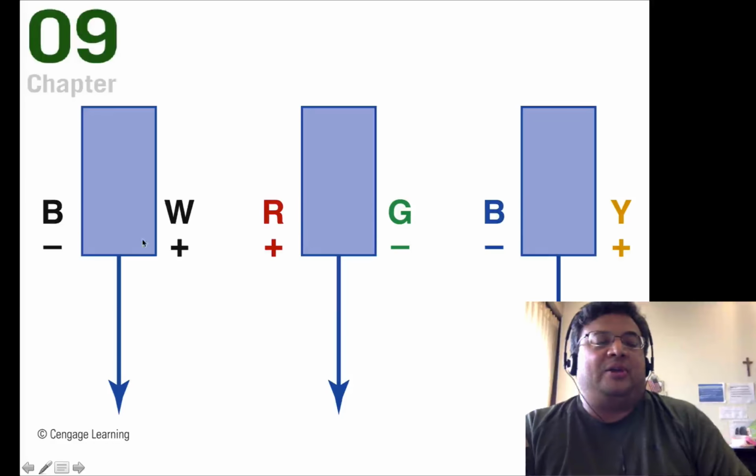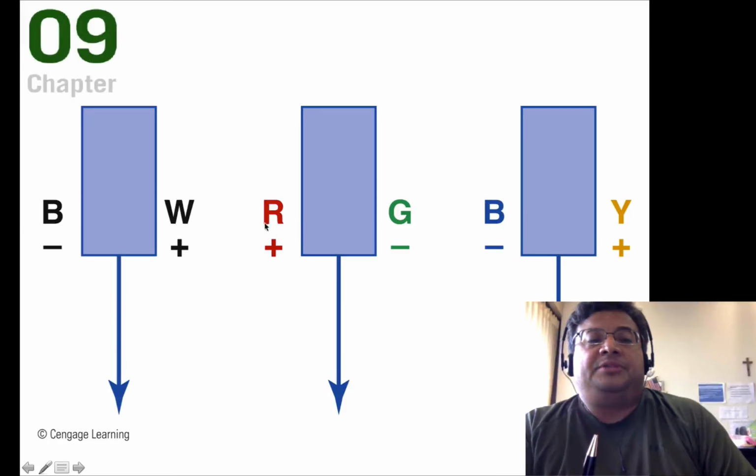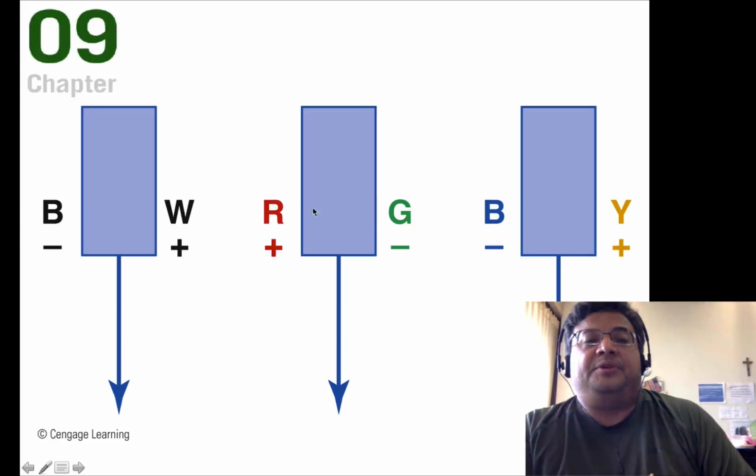So this is the black and white one, right? Whenever it perceives black, it is inhibited. Whenever it perceives white, it is activated, and it produces more output. Similarly, this one is excited when it sees red. It produces more output, and is inhibited when it sees green.